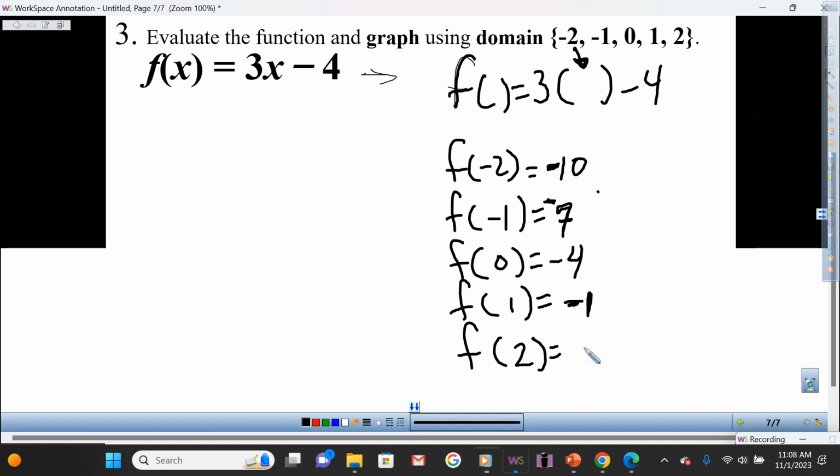All right. And what is f of 2? Martin. Two. Hands if you got that. That is correct.